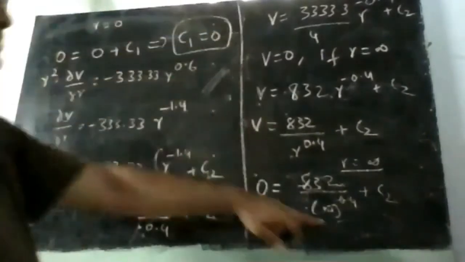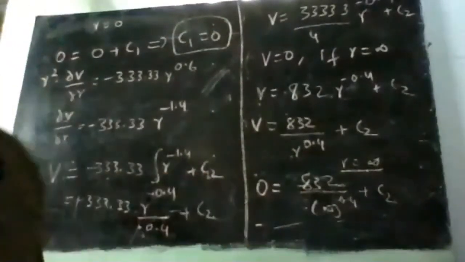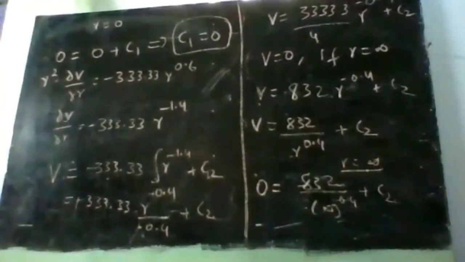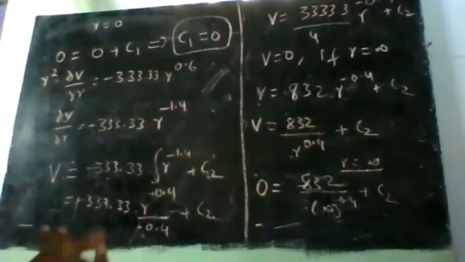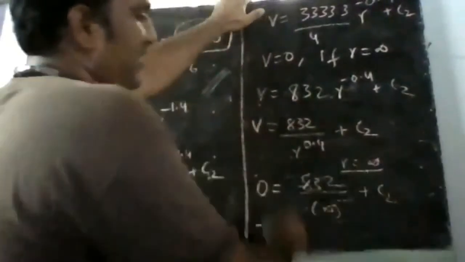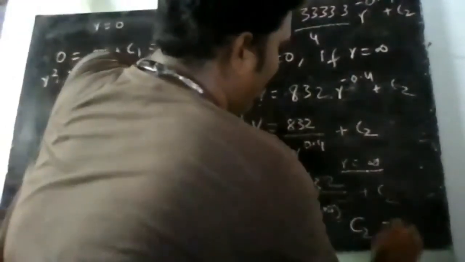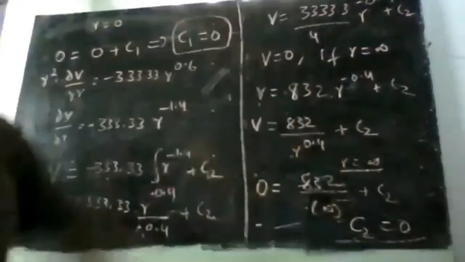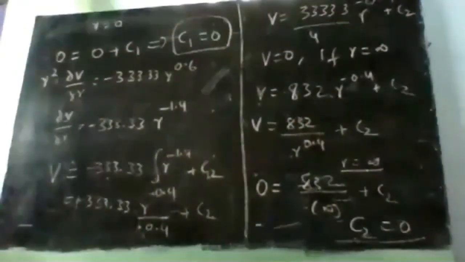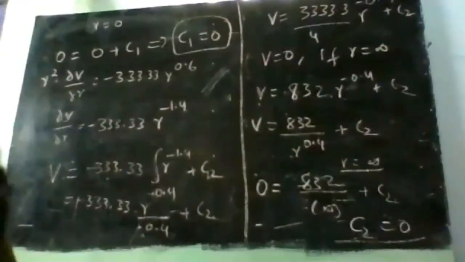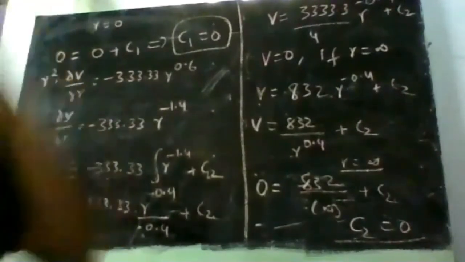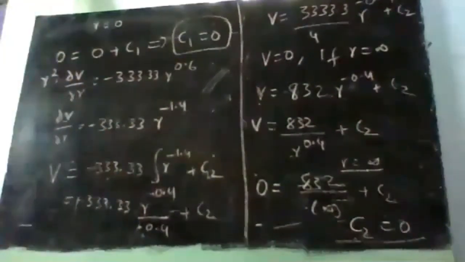Infinity power some constant value is always infinity, so 1 by infinity is 0. So the C2 value is also 0. Any doubts in this?